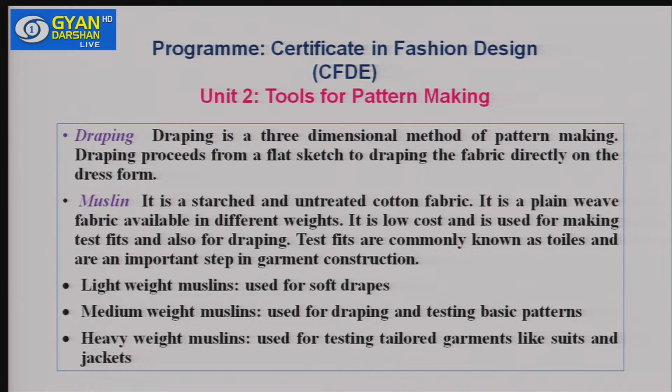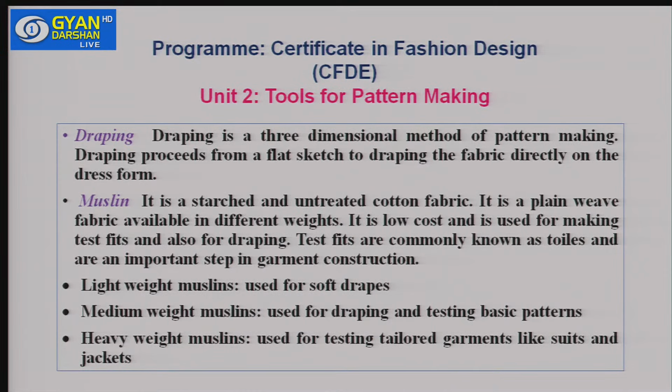Test fits are commonly known as toiles and are an important step in garment construction. So muslin fabric is very important for you to understand and use, because every time you follow pattern making or make samples of any seams or stitches, you should use muslin fabric only.